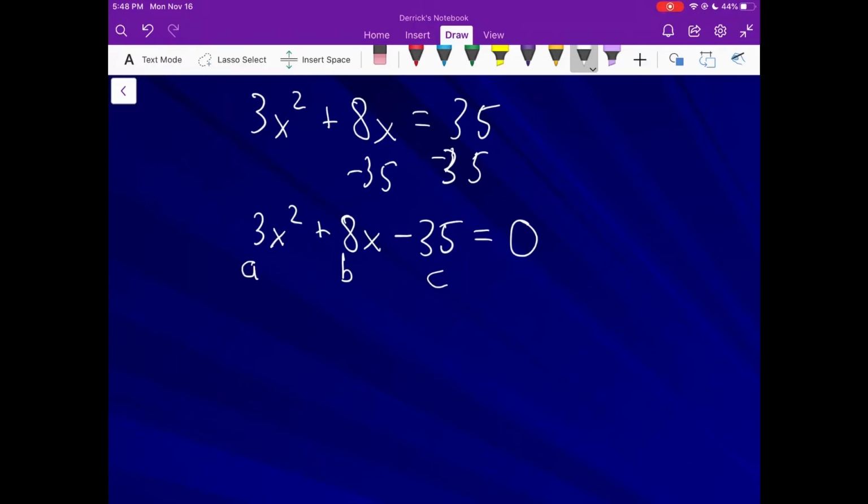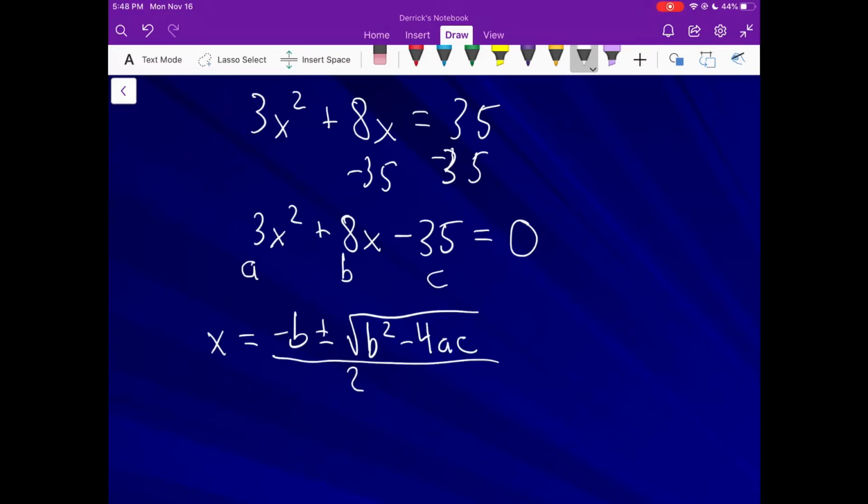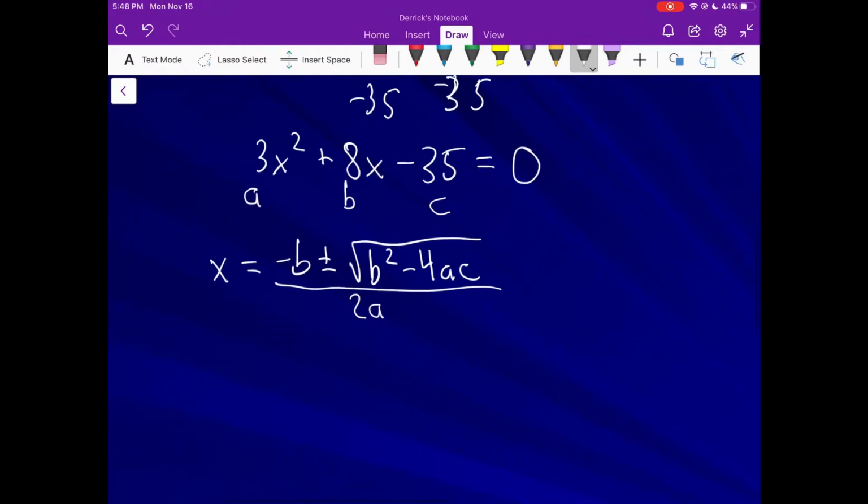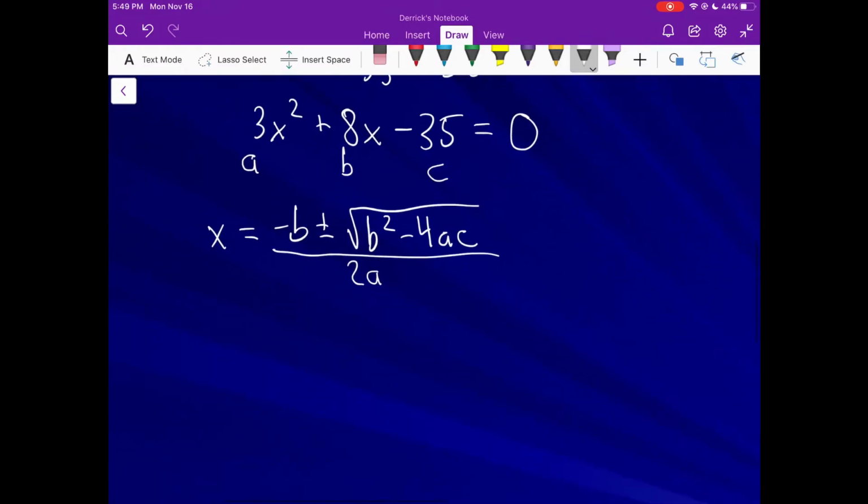So, if we look at our quadratic formula, we've got x equals negative b plus or minus the square root of b squared minus 4ac all over 2a. So I'm truly just going to plug in our three numbers for that.